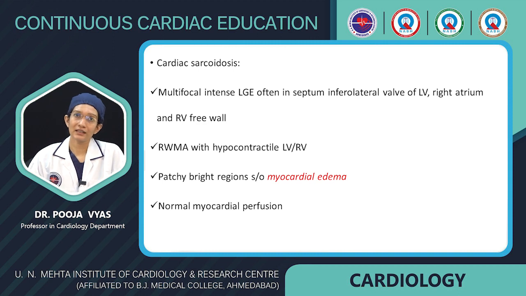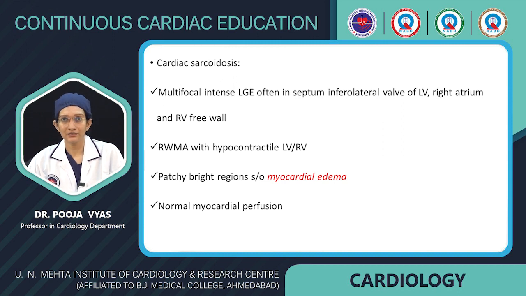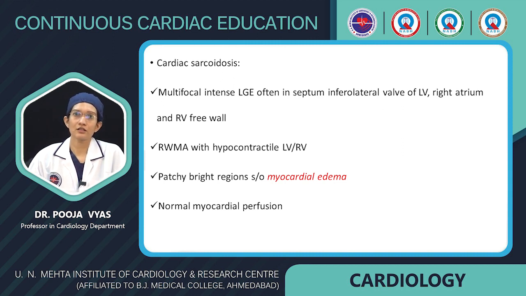On cardiac MRI, we can find a multifocal intense LGE pattern, usually in the septum and inferolateral wall of the LV, right atrium and RV free wall. There may be regional wall motion abnormality with hypocontractile LV or RV, and patchy bright regions which are suggestive of myocardial edema, and there will be normal myocardial perfusion.